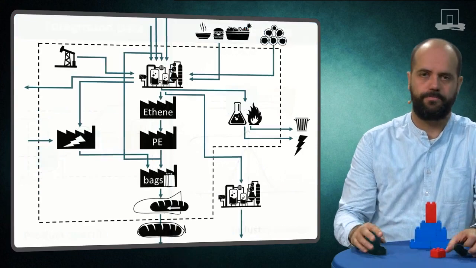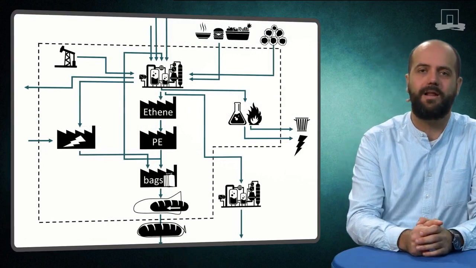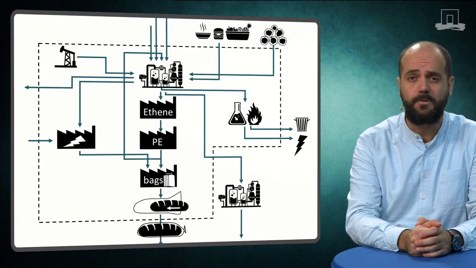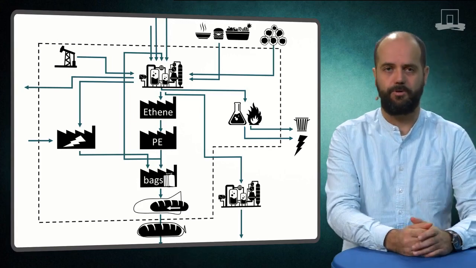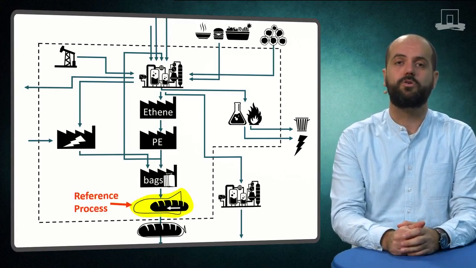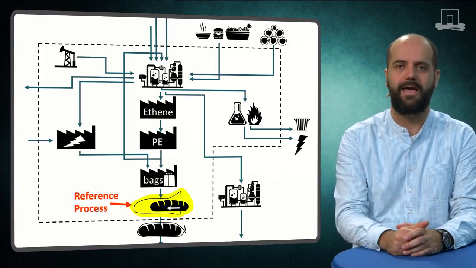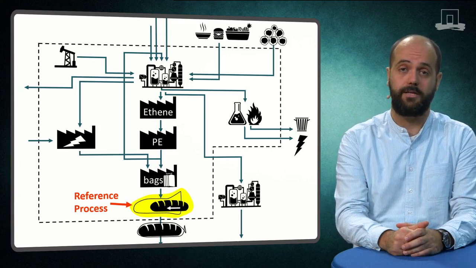Let's go back to our product system flow diagram for plastic bread packaging. We start with our reference process, or packaging of bread. This is quite a specific process of putting bread into a certain type of bag, which is made of polyethylene.